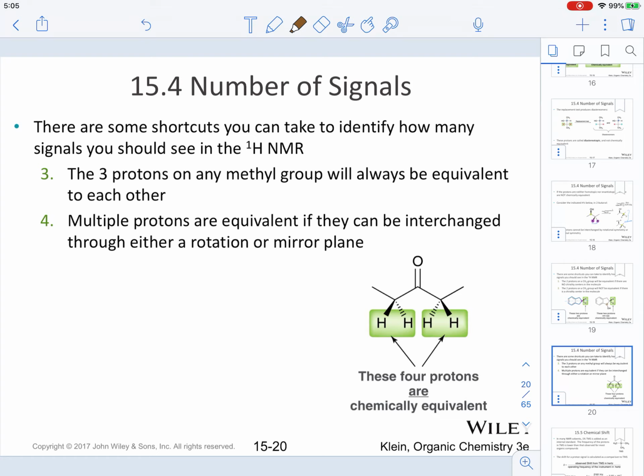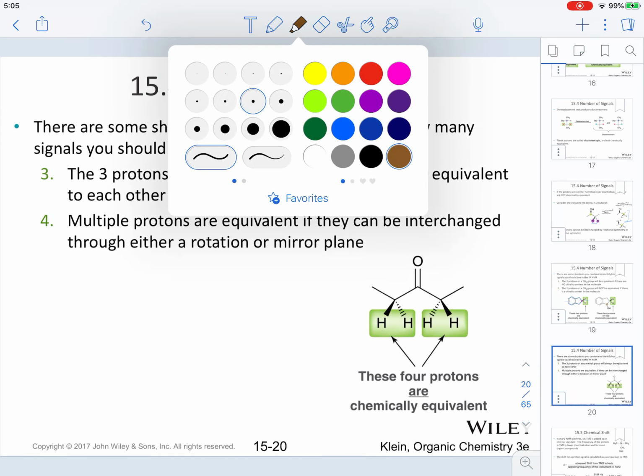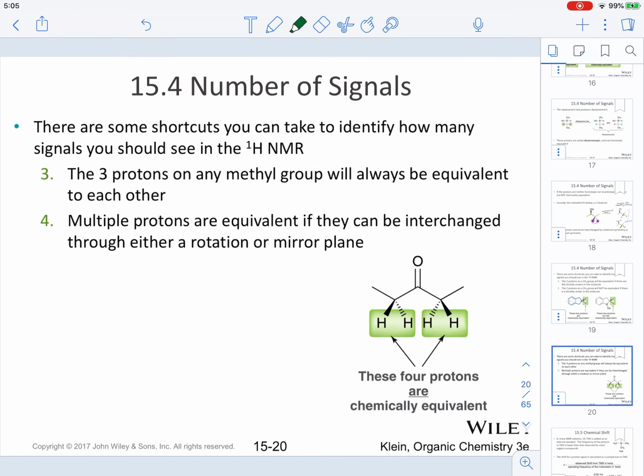So for example, when we look at the following ketone, specifically here, if I highlight in green the carbon atoms that are on either side of that carbonyl group, they're going to have the same chemical environments. So in this molecule, which is 3-pentanone, those 4 protons are going to be chemically equivalent.